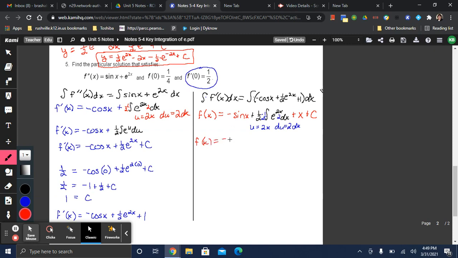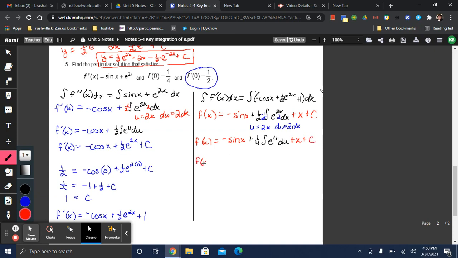We have the negative sine of x. And then 1/2 times 1/2 would be plus 1/4. I'm still going to write it as an integral because I'm going to change it to e to the u du, and then continue on with the rest of the equation, plus x plus c.